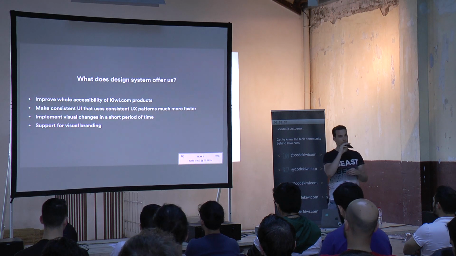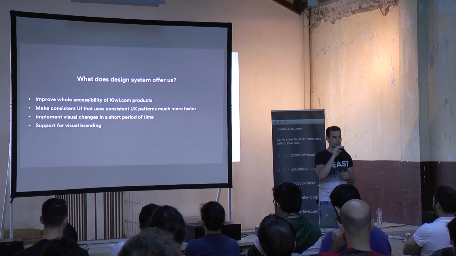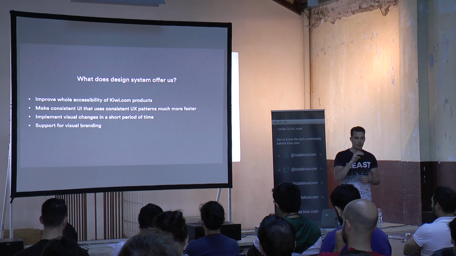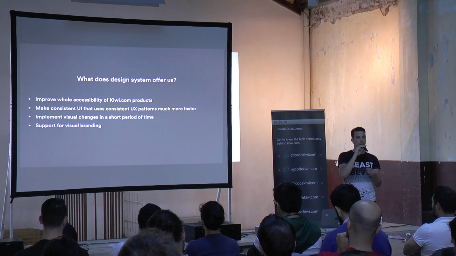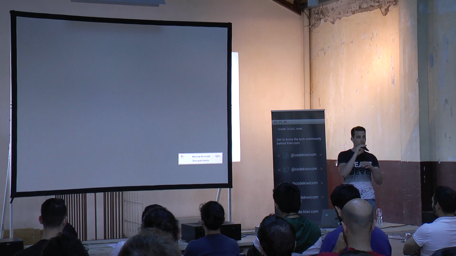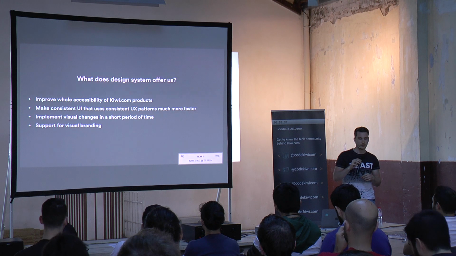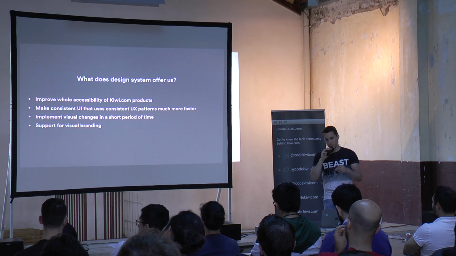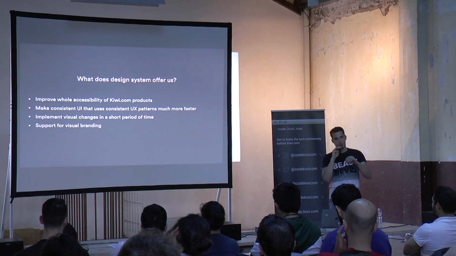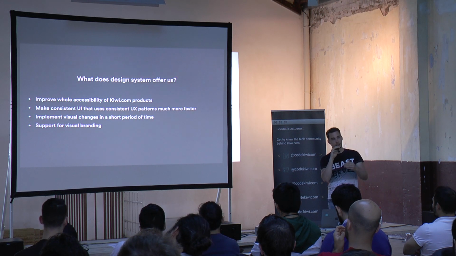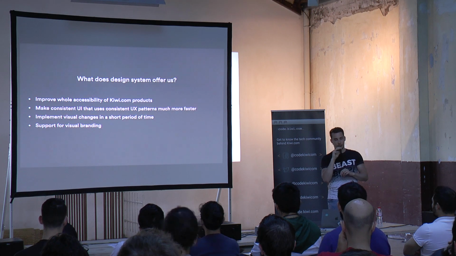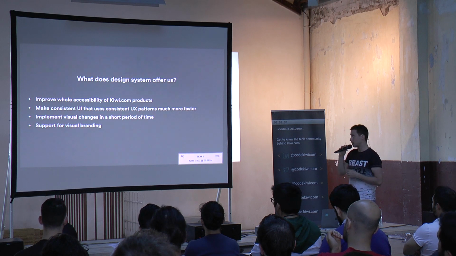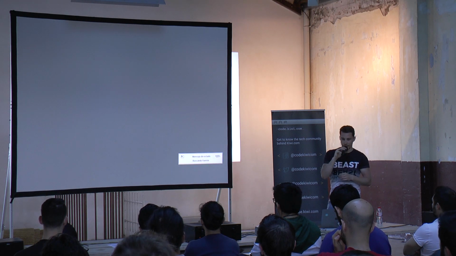We can also make a much more consistent UI that uses much more consistent UX patterns. And at the same time, the developer can develop much, much faster. Also, we can pretty easily make visual changes without any breaking changes in the API, only some visual breaking changes. And the last thing is that, as I said, we can support visual branding.